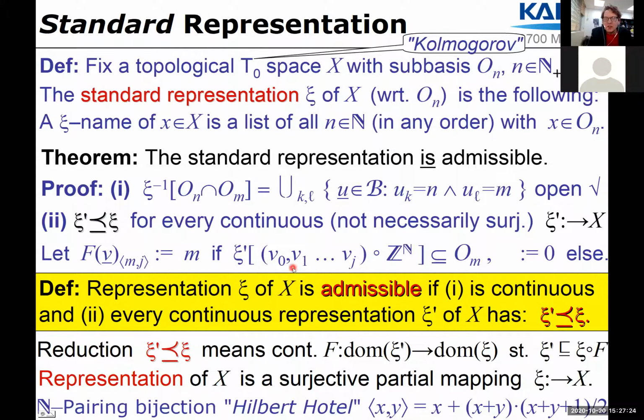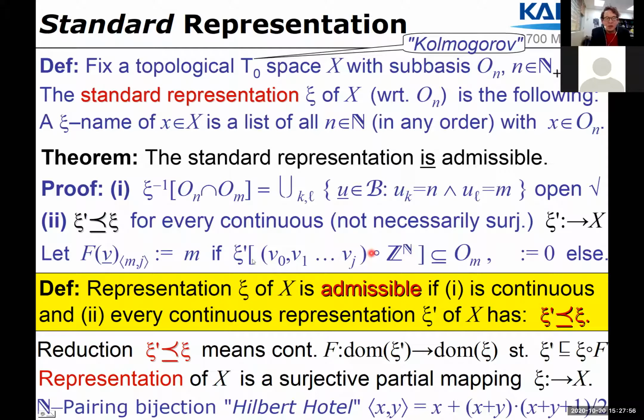So for sufficiently large J, this is such a neighborhood. This is the definition, the basis of Baire space. So for sufficiently large J, this will hold and thus result in the output of M into that list. And conversely, if the point X, whose Xi prime name V was given, does not belong to OM, then this will never happen, right?